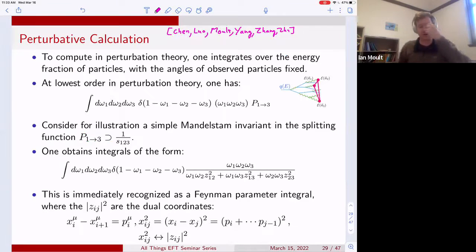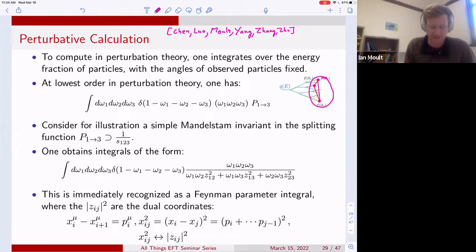And so just to show a little bit, although I won't go into too much detail, why these things are very nice to calculate theoretically, I'll just kind of show what they look like in perturbation theory. And so if you actually try and compute one of these correlation functions in perturbation theory, the way that one does this is you're kind of integrating over the energy fractions that go through your different detectors, but with the angles between the calorimeter cells completely fixed.